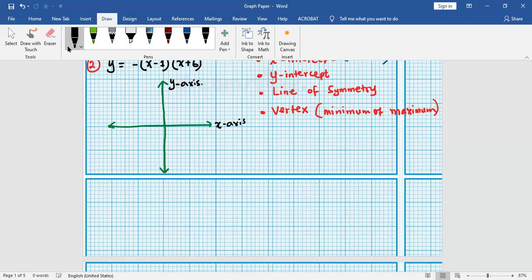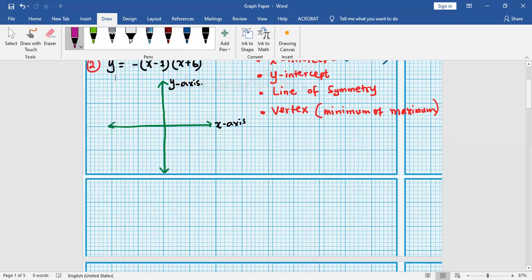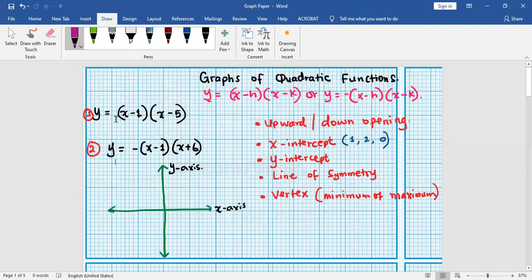Now, what happens is that, let's say that it is opening upward, like this one in number 1, where we don't have any minus. There is no minus here, so it will open upward. So let's say it's like this one.